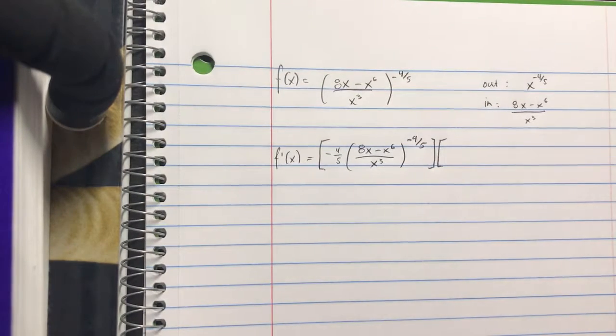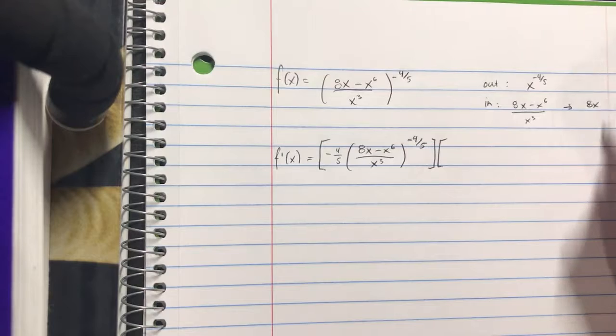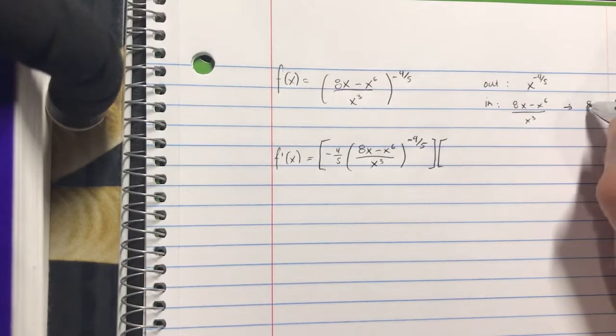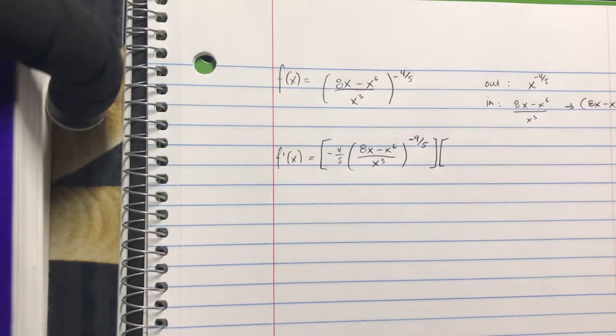Now, I personally don't like using the quotient rule. I don't know anyone who does, but what I like to do is turn these types of problems into product rule problems, and we can do that simply by rearranging the function such that we have x to the negative 3rd power instead of x cubed in the denominator.